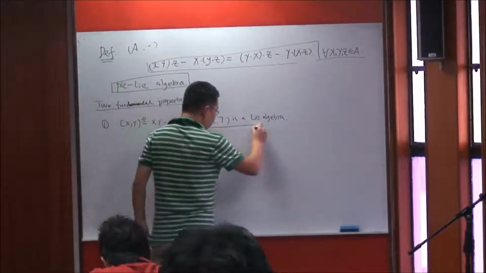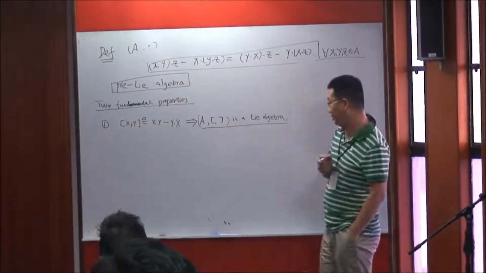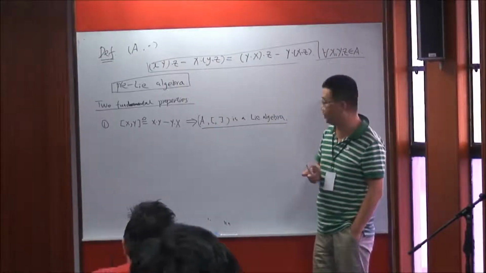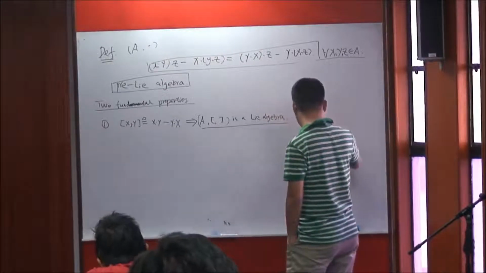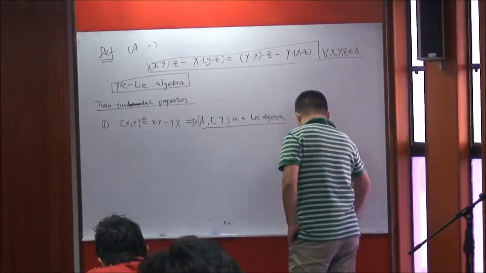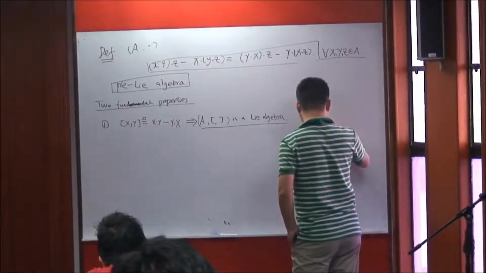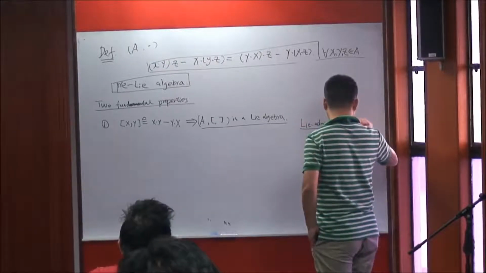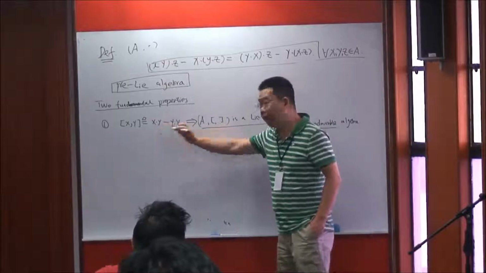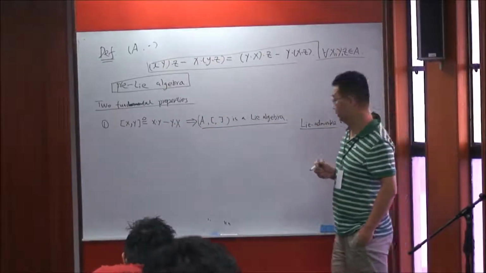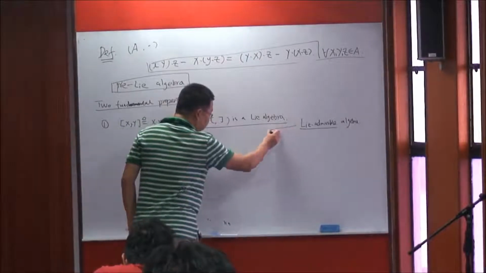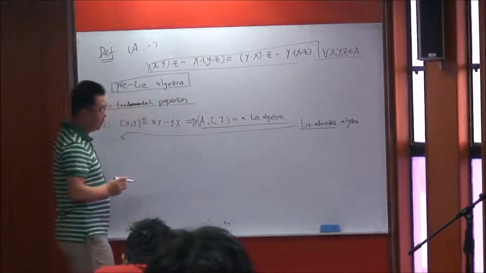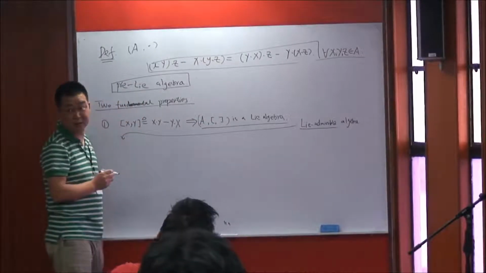In fact, if the commutator of an algebra structure is a Lie algebra, it has another name. It's called a Lie-admissible algebra. In this sense, the pre-Lie algebra is a special Lie-admissible algebra. Lie-admissible algebras have an identity: if the commutator is a Lie algebra, it's called Lie-admissible.